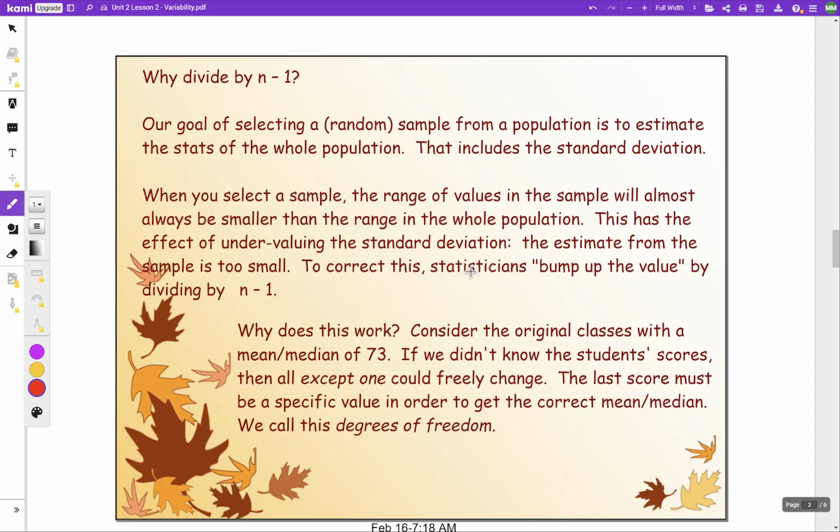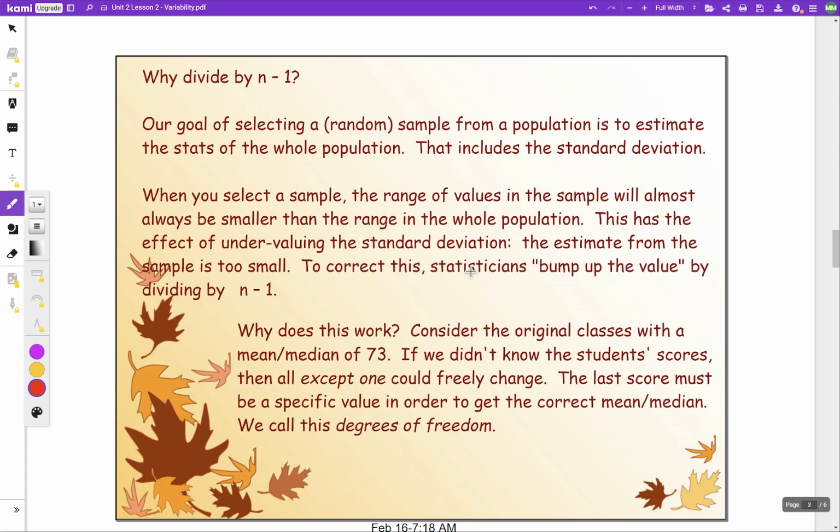The average community service should be, barring outliers, pretty close in my sample to the whole population. Standard deviation, though, is different. When you select a sample, the range of values in the sample will almost always be smaller than the range in the whole population.